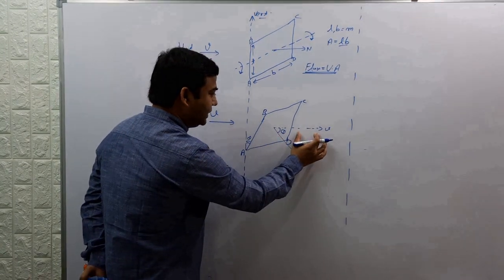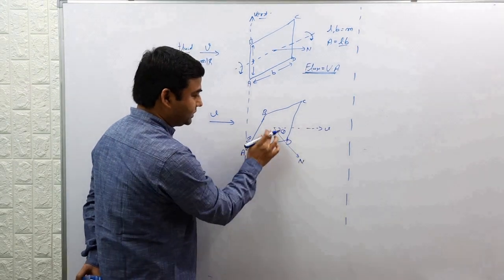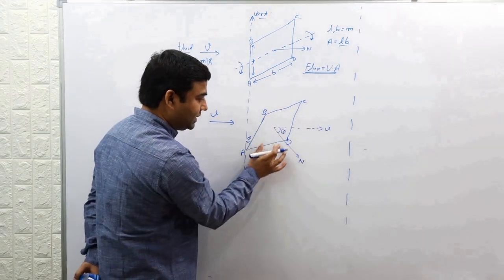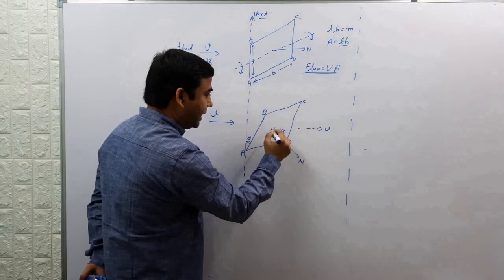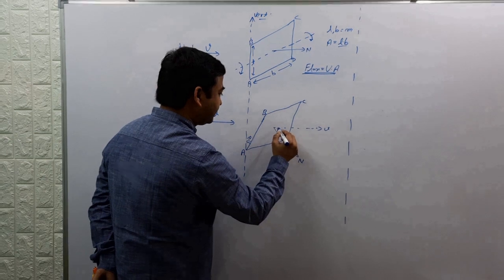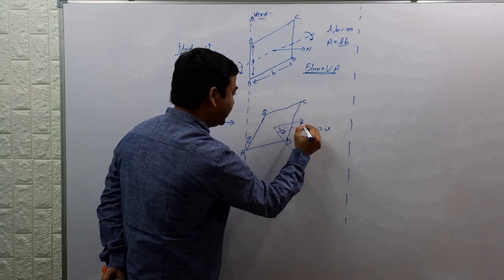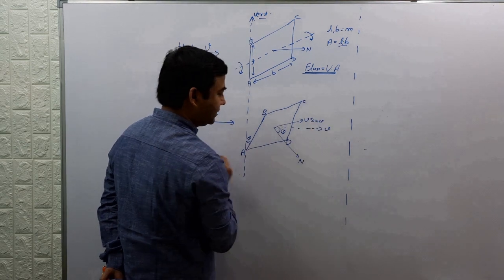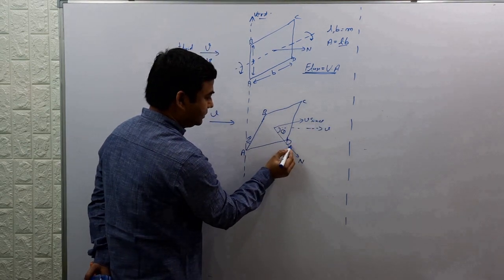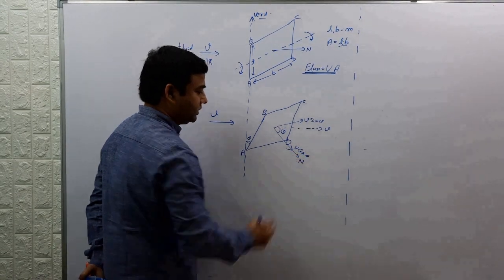So now we can divide V into two components: one perpendicular to this area, in the direction of n, and one along this area. This component is v sin theta, and this component is v cos theta.